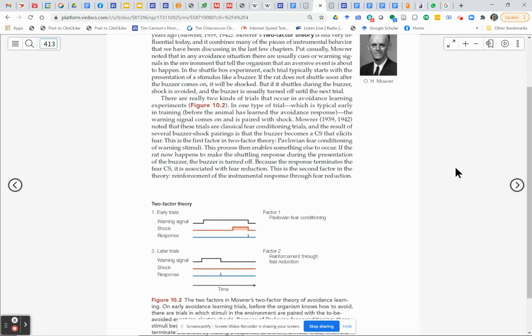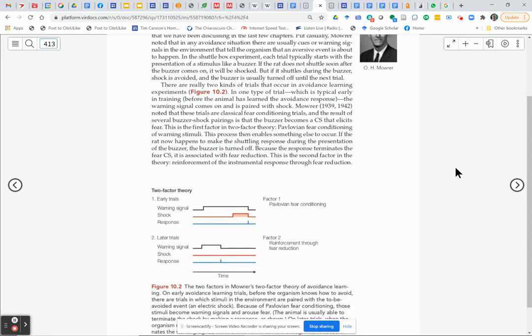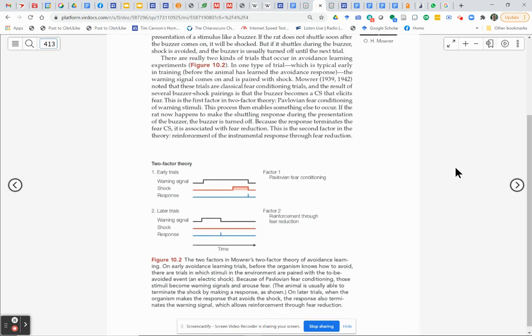And there's a discussion there with a little graphic. You have Pavlovian fear conditioning with a stimulus associated with shock. And you can reward behavior.